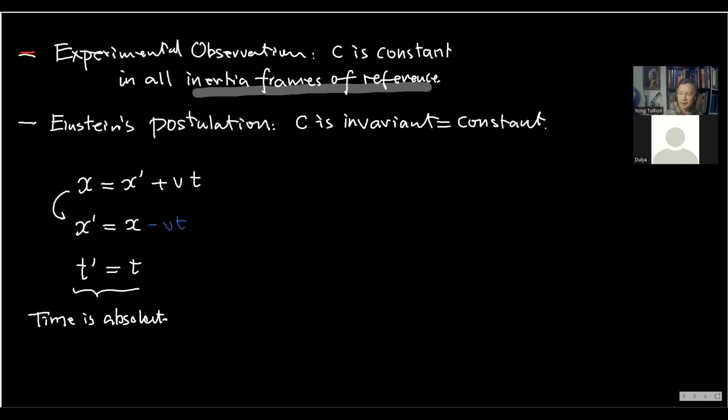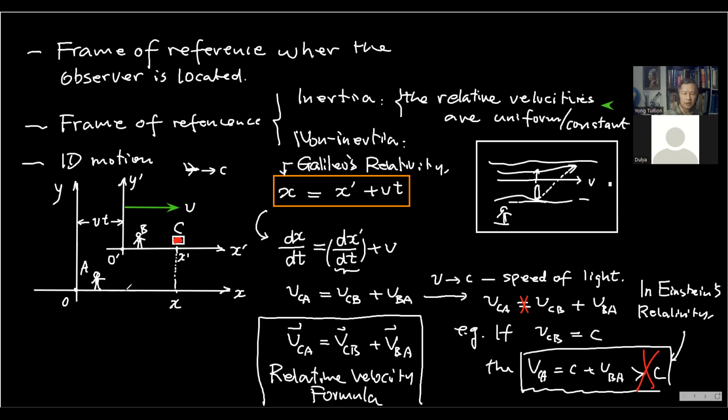Say, for example, if these two observers have two clocks or watches, their time must be the same, isn't it? Or not? This is different time. Before Einstein, nobody paid attention. So this is called T, and this is called T prime.